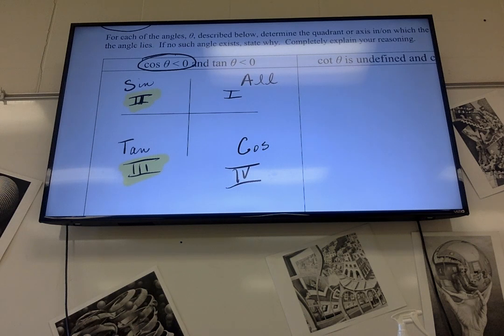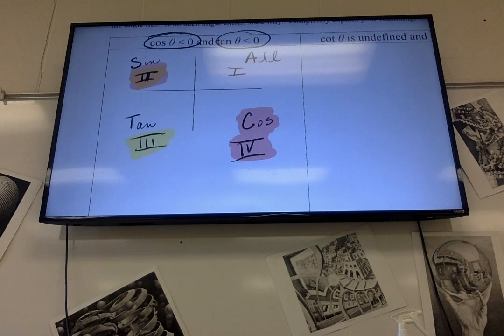And then it says tangent is also negative. Where is tangent negative? Tangent is negative in the other ones, which would be negative here and here. So where do those two overlap?